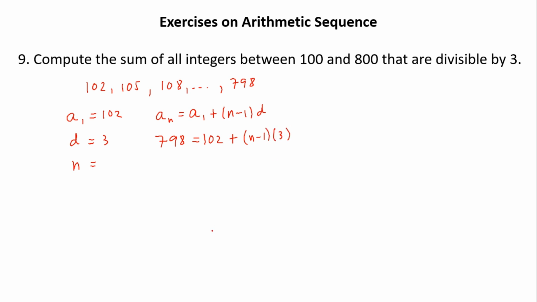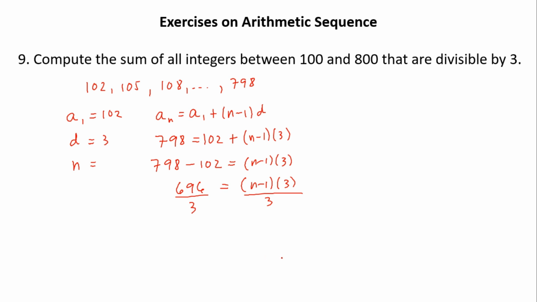Now let us rearrange: 798 minus 102 equals. Alright, so here I will not distribute 3, although you can do that. What I'm going to do is just retain this one, because after this line I can just divide both sides by 3. So this is 696 equals n minus 1 times 3. Alright, so instead of distributing the 3, I can divide both sides by 3.